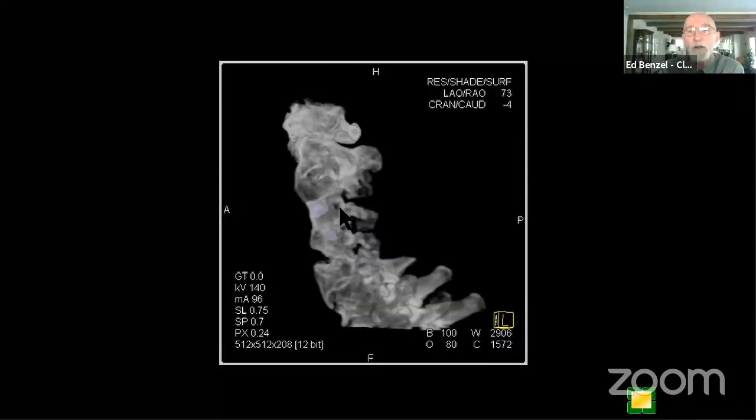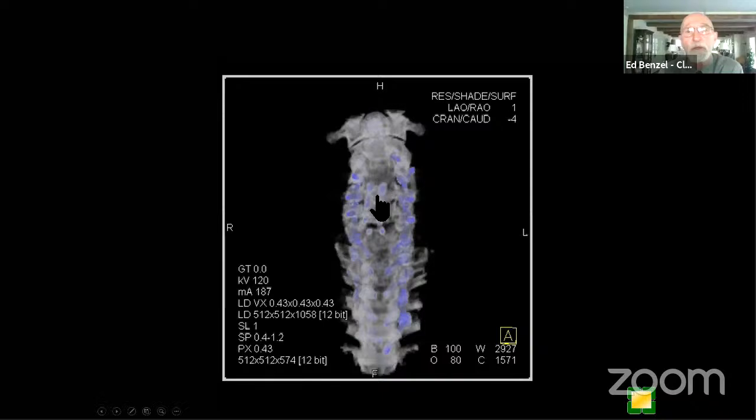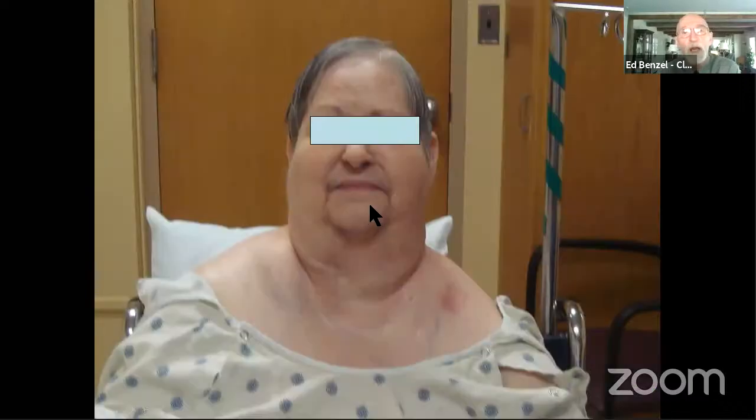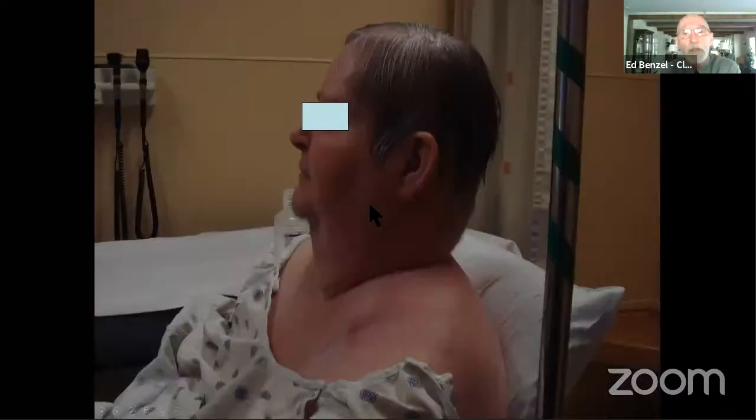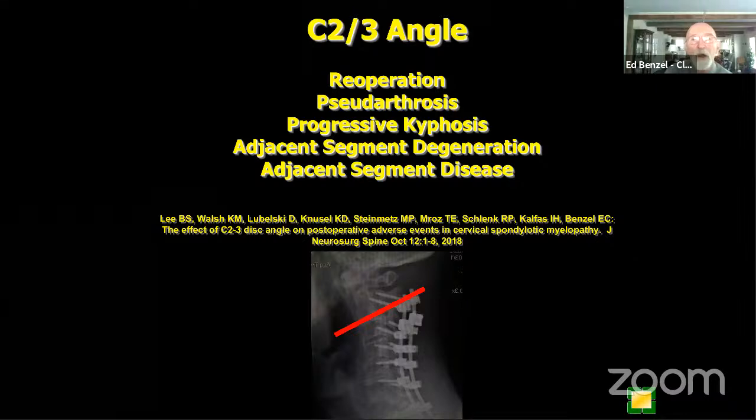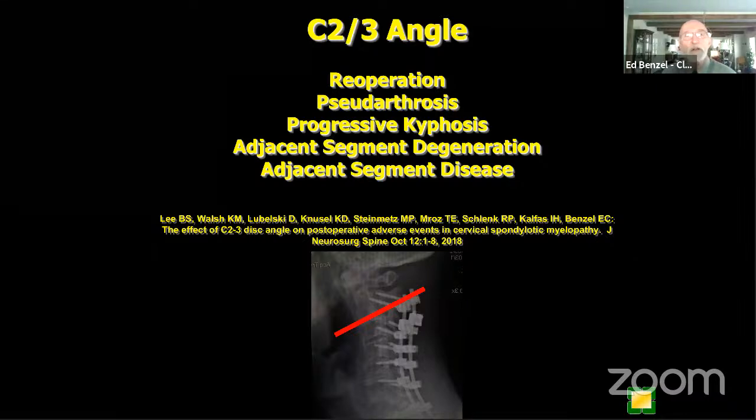And then here she is post-op. And here she is clinically post-op. She was happy. So we did a study looking at a large population of patients undergoing cervical fusions and looked at the effect of the C2-3 angle post-operatively on outcome.